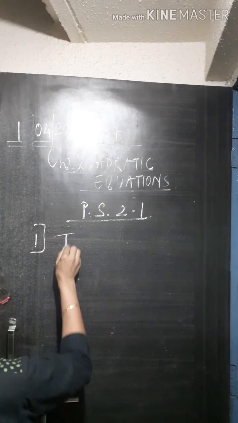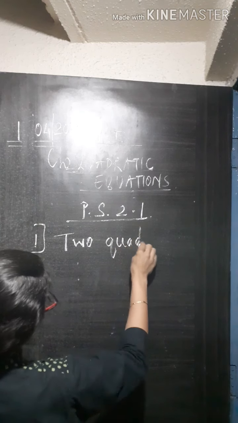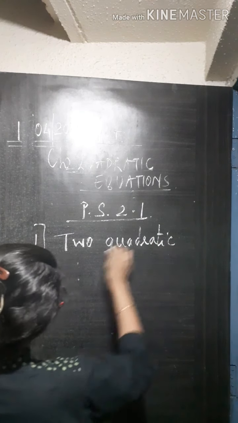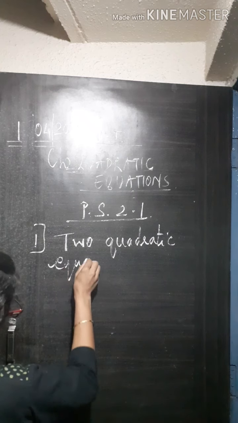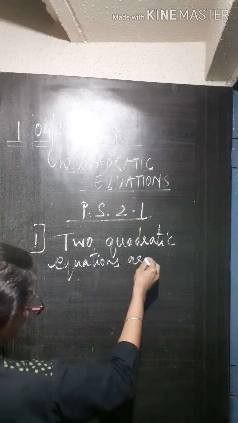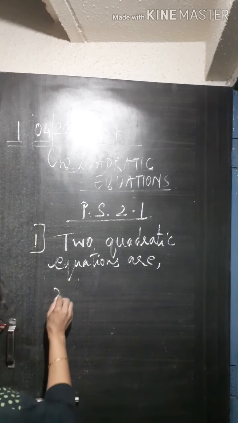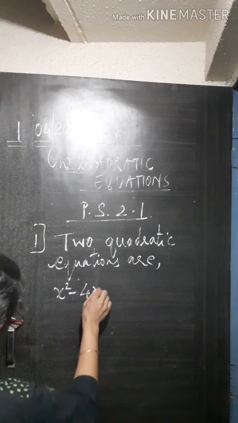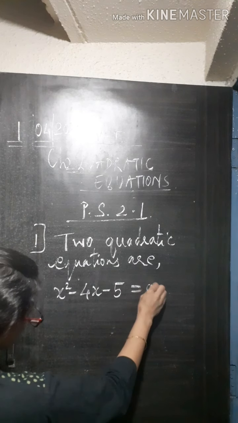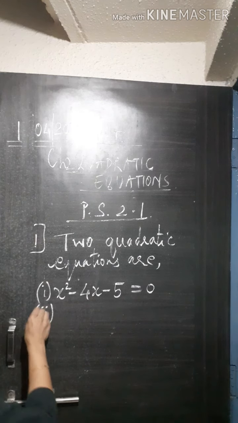The two quadratic equations are: I will write down x square minus 4x minus 5 is equal to 0 as one quadratic equation. There are two we were supposed to write down. One is this.